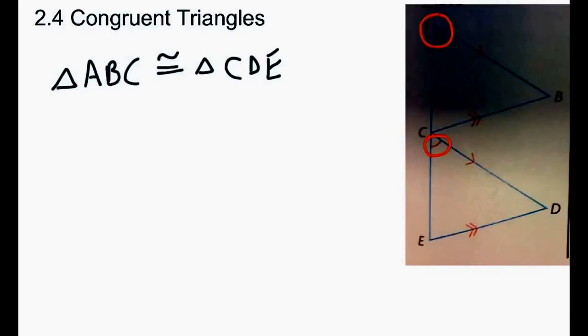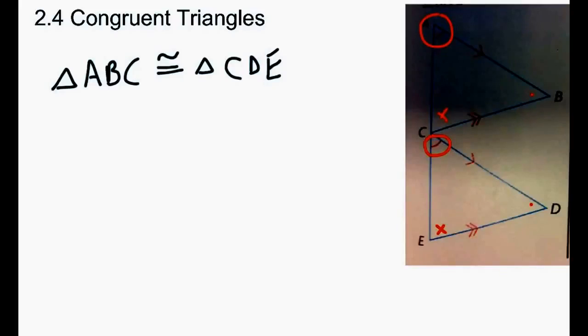Angle B, with a little dot, is the exact same as D. And angle C on the top triangle is the same as angle E on the bottom triangle. So when you write these out, you have to match the angles in the same order: ABC is exactly the same as CDE for the second triangle.